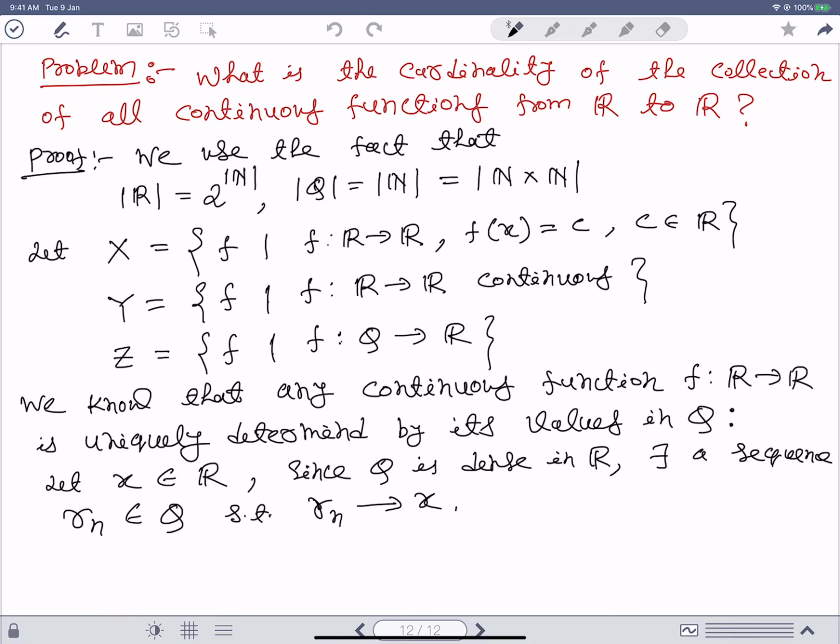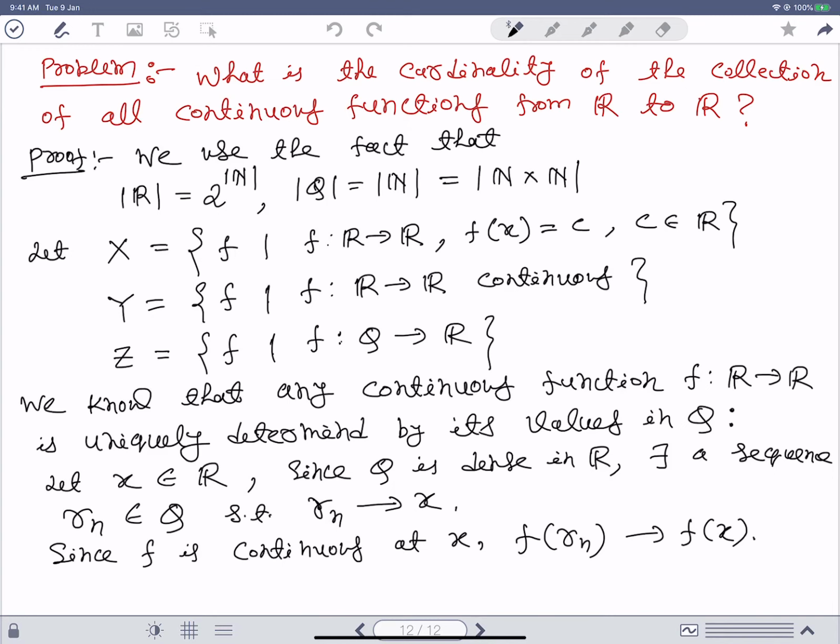Now given that f is continuous at x, by using the definition of continuity we have f of r_n converges to f of x.